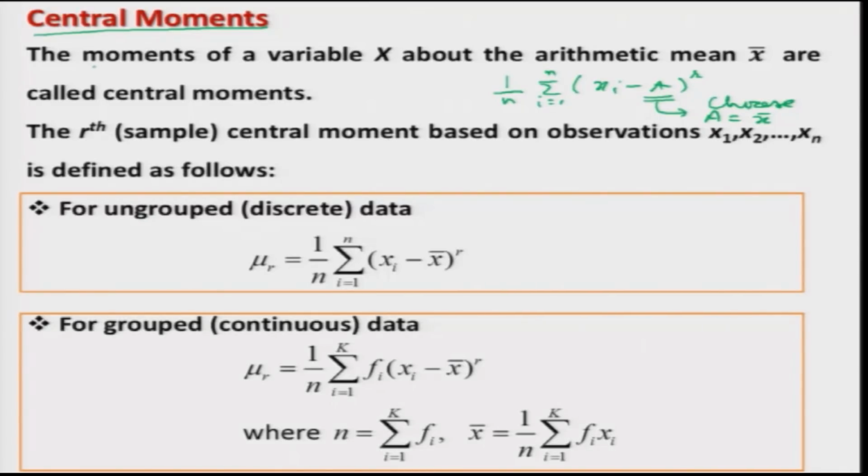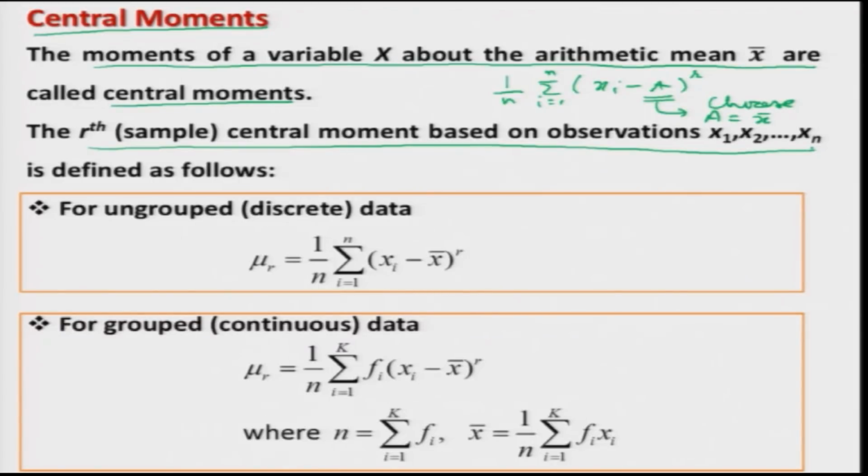So, the moments of a variable x about the arithmetic mean of the data are called central moments. Now, if I want to define the rth central moment based on the sample data x 1, x 2, ..., x n, then in the case of ungrouped data, I simply have to replace a by x bar. So, this quantity becomes like this.